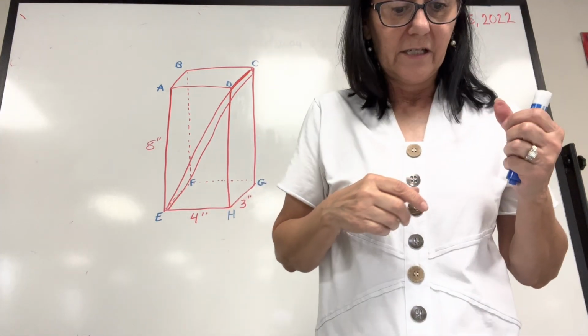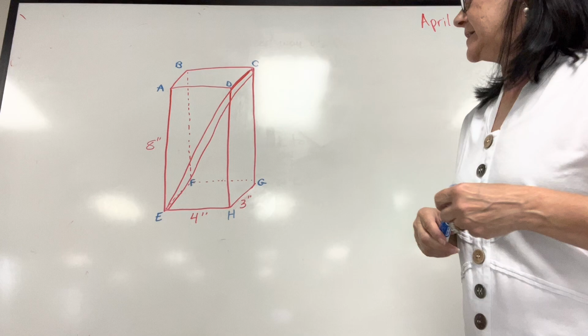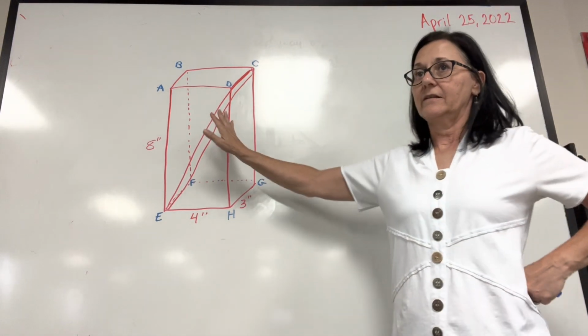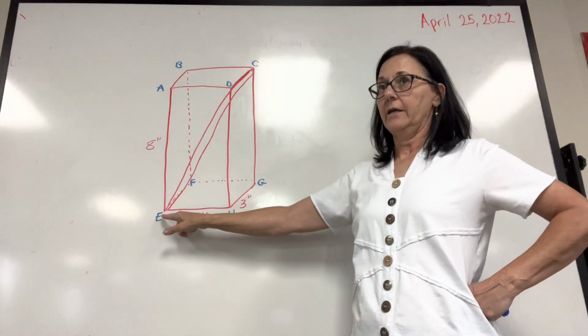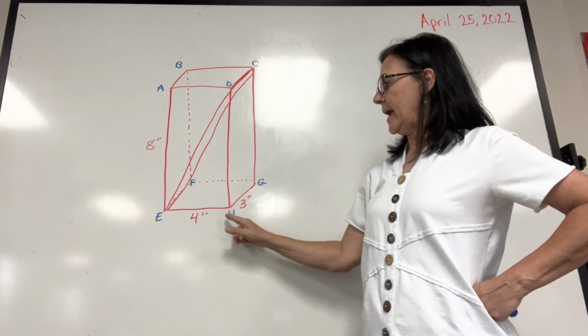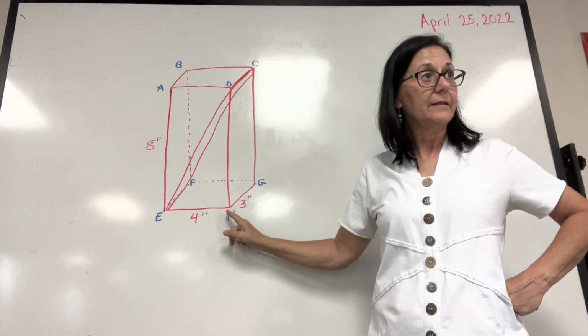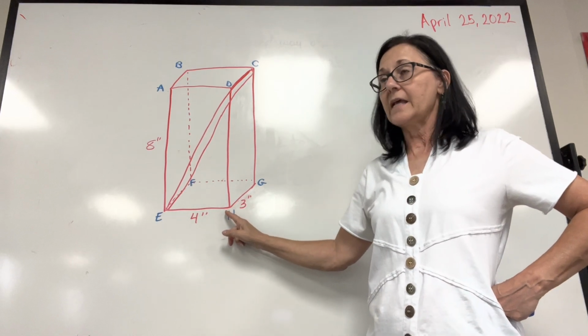I want us to look at opposite vertices. Vertices that are not opposite lie on the same plane, like this plane ADHE. Opposite vertices would be A and H. But when we're talking about a solid, opposite vertices do not lie on the same plane.